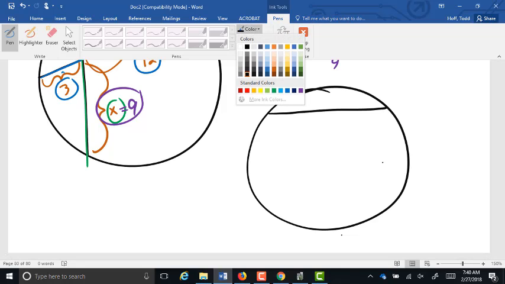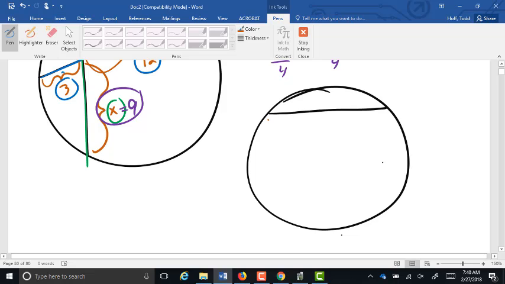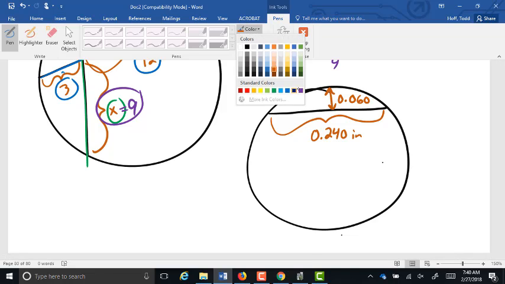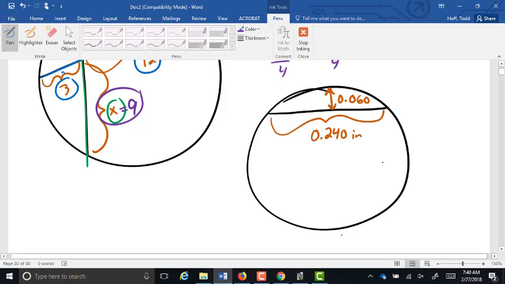If you know that what you're going to be taking off that round stock is, let's say, 240 thousandths wide and deep, that this is going to be 60 thousandths deep, you can find the radius of that circle.